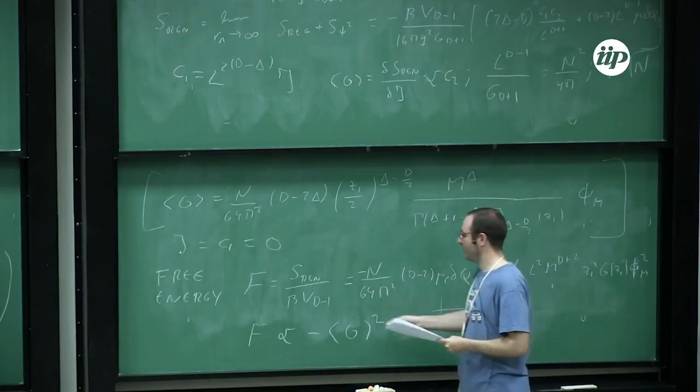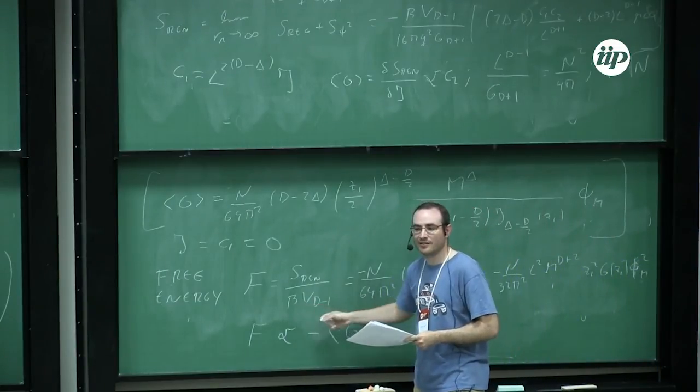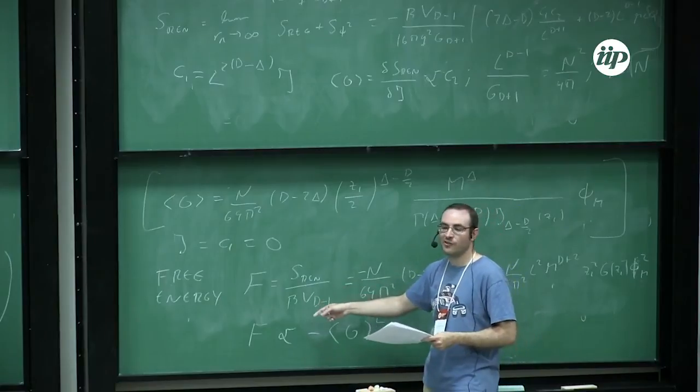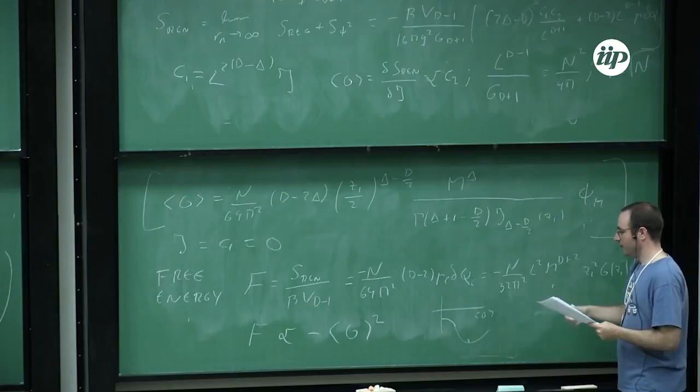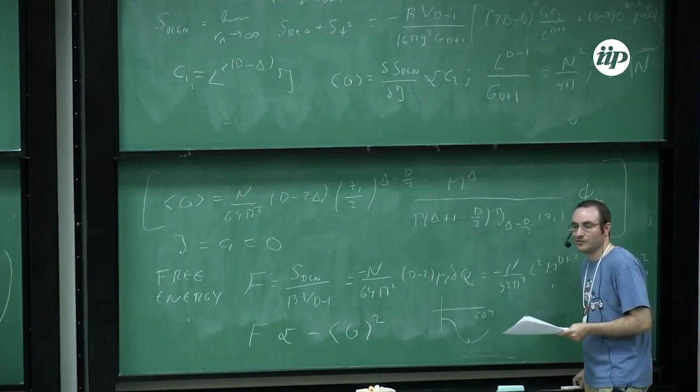Right. It's just to make this some kind of finite thing. Otherwise, I will have here the integral over time. So just for convenience, but it doesn't play any role.